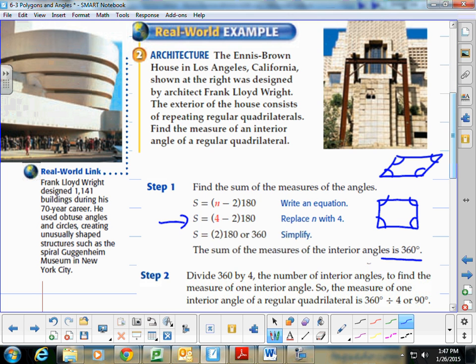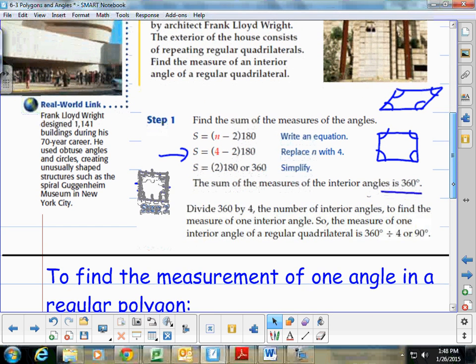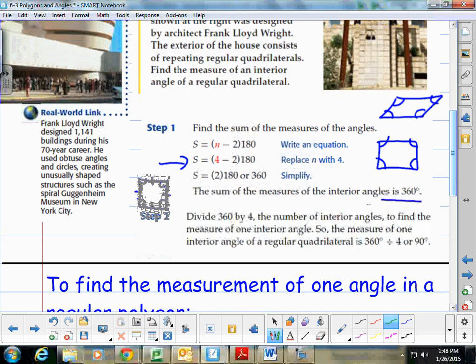Since this is a regular quadrilateral, it's more like a square, where each side is the same length, and each angle has the same measure. To find one interior angle, we divide 360 by 4 because there are 4 sides and 4 angles. So 360 divided by 4 means that 90 degrees is the measure of one of the quadrilateral angles.